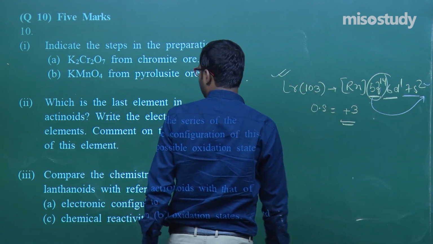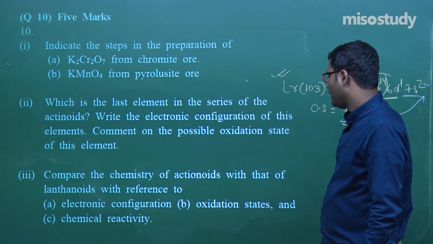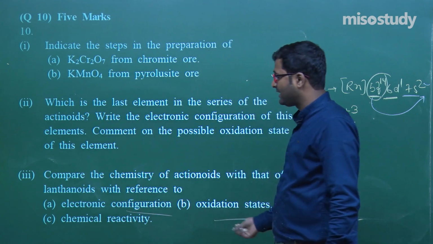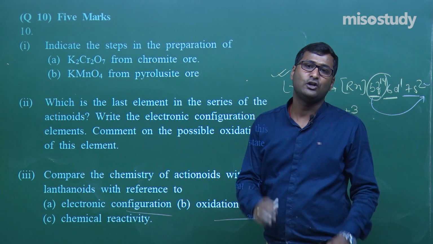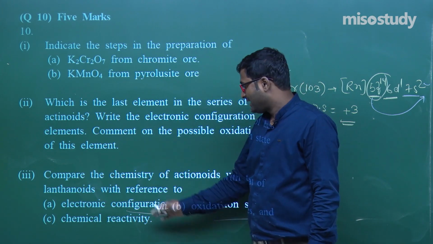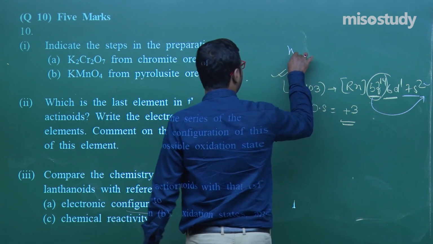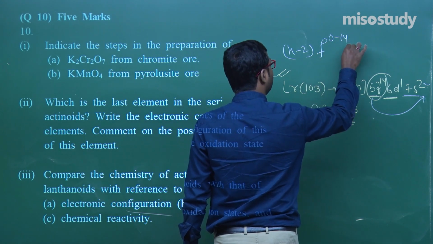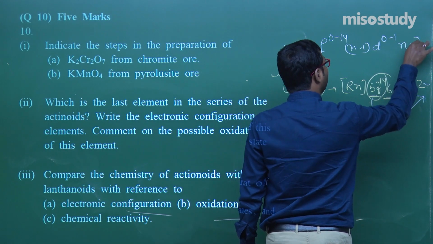Clear? Now, the next one is: compare the chemistry of actinoids with that of lanthanoids with reference to electronic configuration and chemical reactivity. As we know, all elements of the actinoids are radioactive in nature, that is, they hardly exist, and they have the electronic configuration, as I told you, (n-2)f 0 to 14, (n-1)d 0 to 1 and ns2.